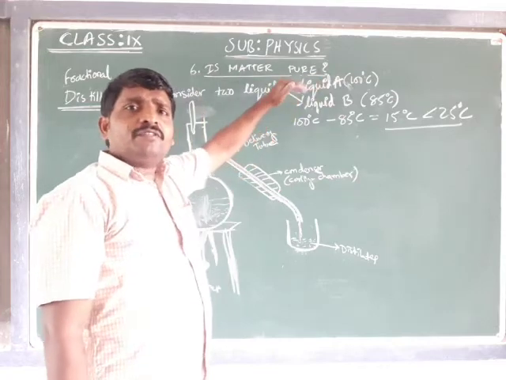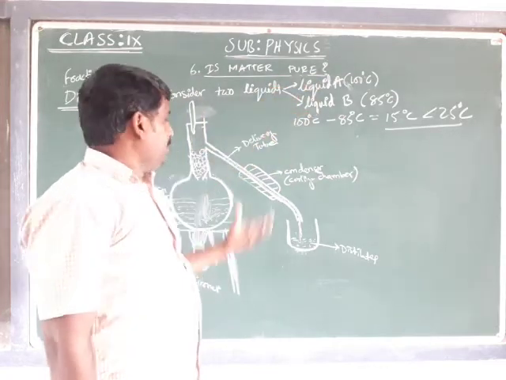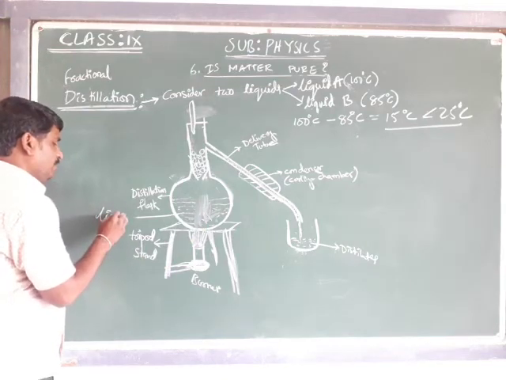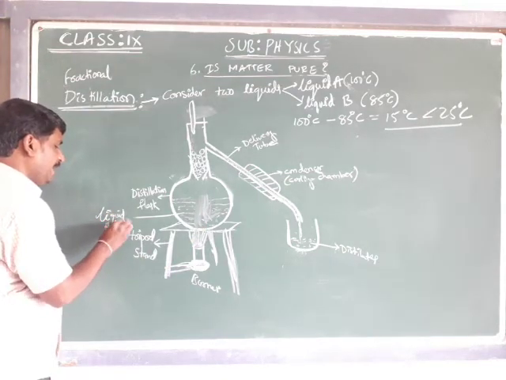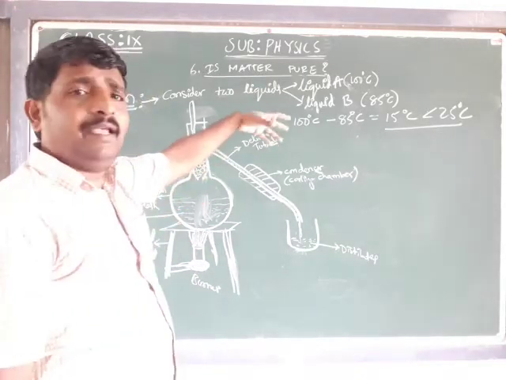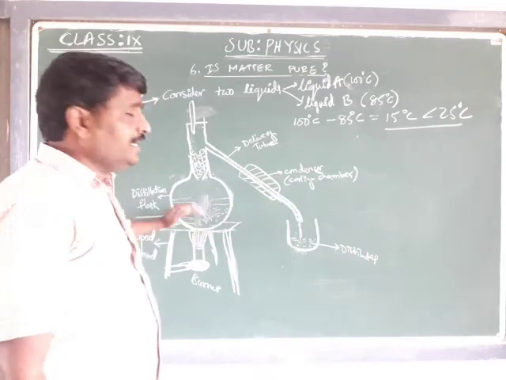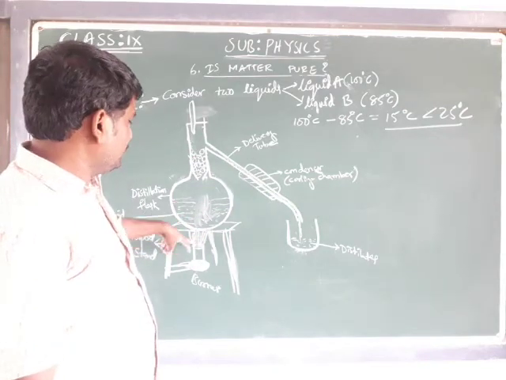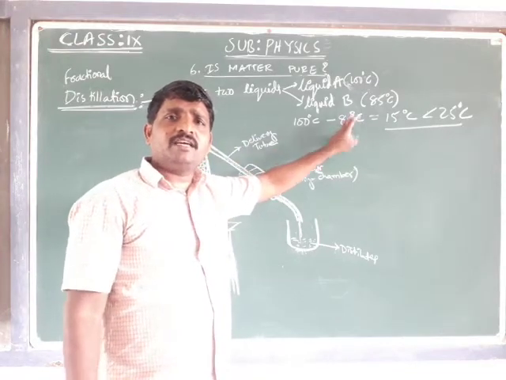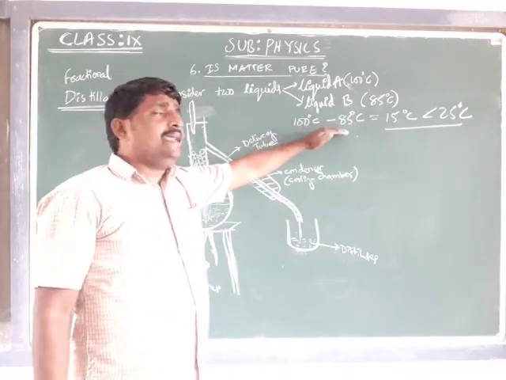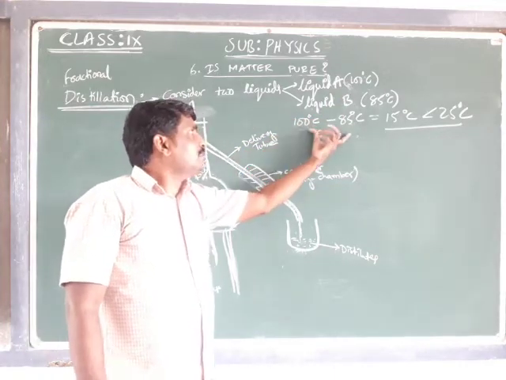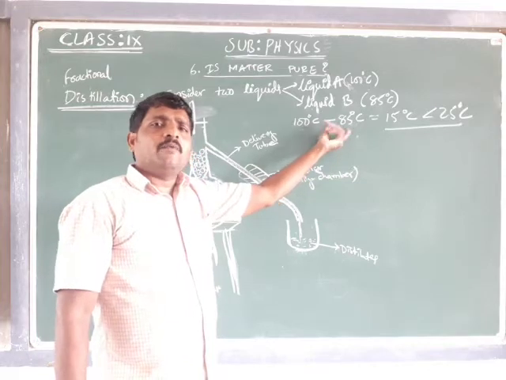If we used simple distillation and added the mixture of liquid A and B, and supplied heat energy by switching on the Bunsen burner, then at nearly 85 degrees Celsius, along with liquid B, liquid A also starts evaporating, because there is a small difference in the boiling points.